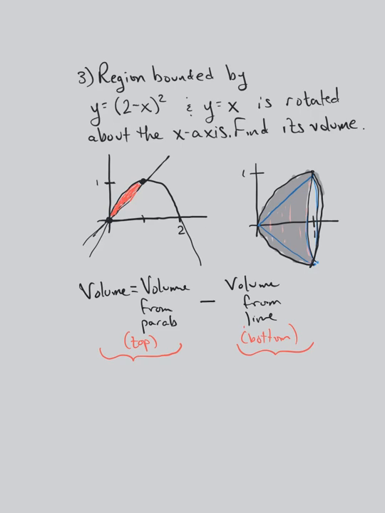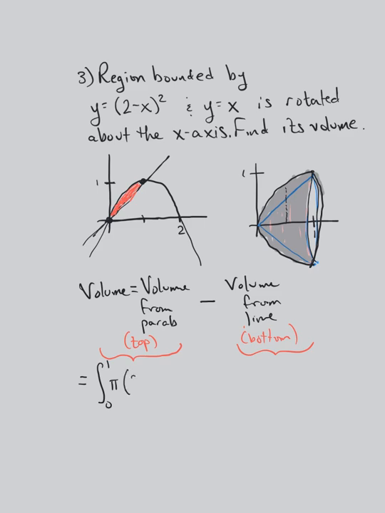All right, so for my first region, I'm rotating the parabola, so I'm going from 0 to 1 of pi times the radius. My first rotation comes from the parabola, so its radius is the parabola's equation, and then I have to square it.